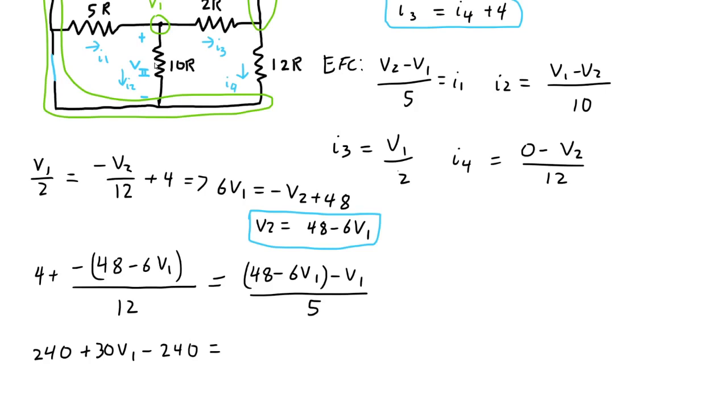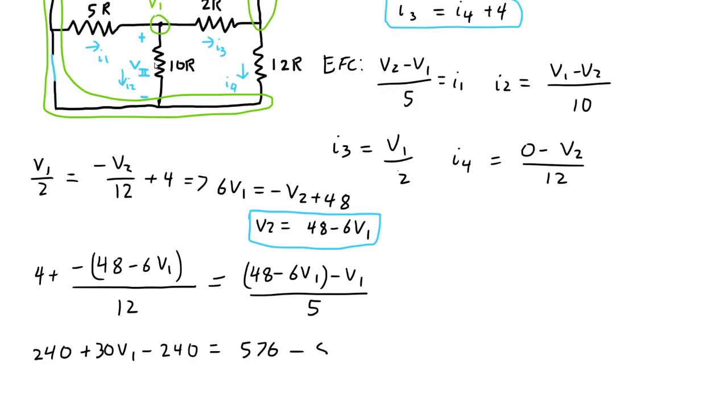So 12 times 48 is 576, minus 7 times 12. 7 times 12 is 84. Not 62, sorry.